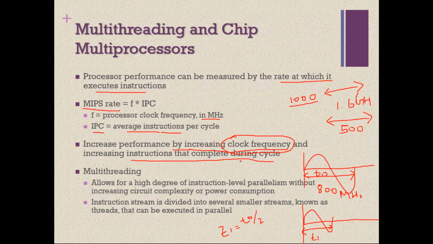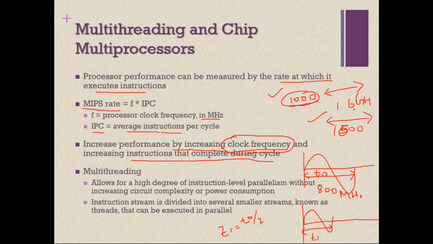When you increase the clock frequency, the instructions executed per cycle should also remain the same. Previously, in one clock cycle the system was executing 1000 instructions, and if after improving the clock frequency to 1.6 gigahertz it is still executing 1000 instructions, then it is a real improvement.